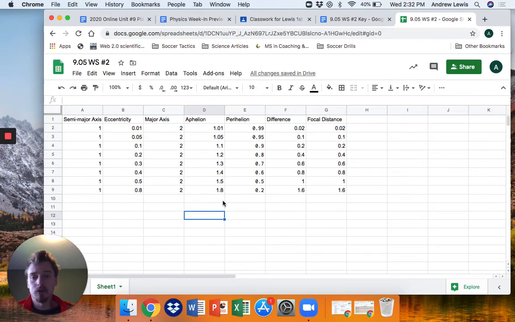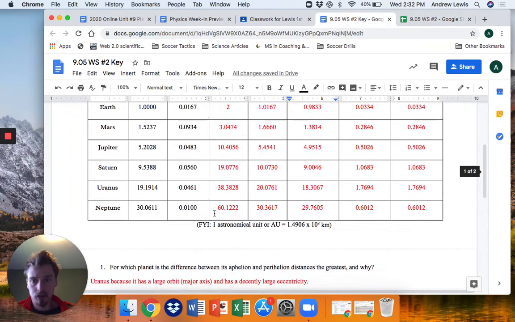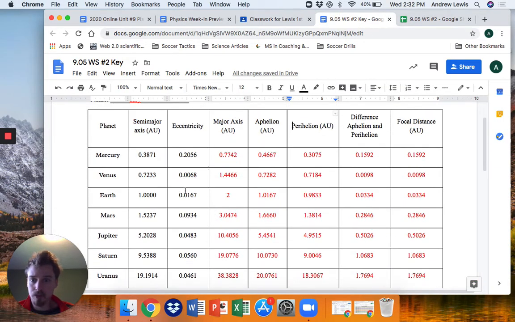Whereas for us, if you look back, Earth's eccentricity is pretty low. So for us, there's not a huge difference between our aphelion and our perihelion. So for us, we don't feel the seasons because of that aphelion and perihelion. We feel that because of the tilt, right?